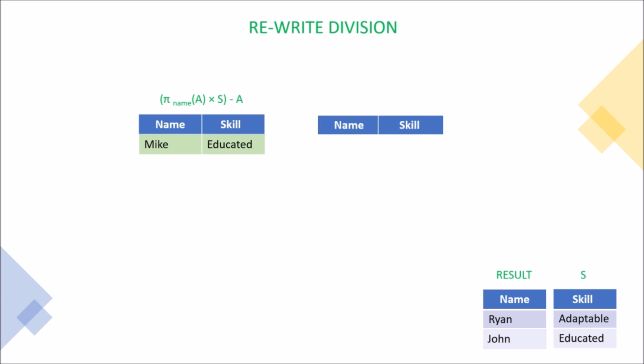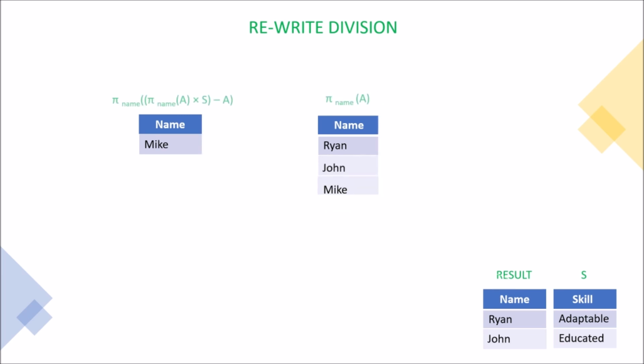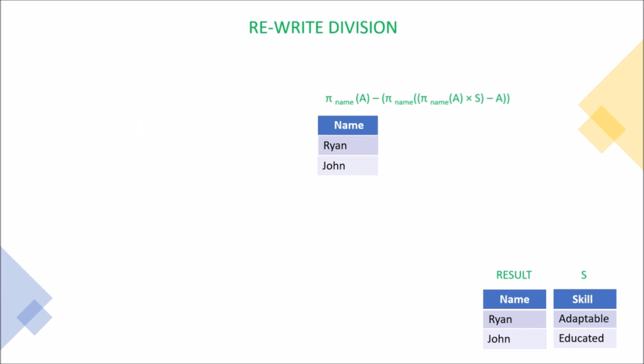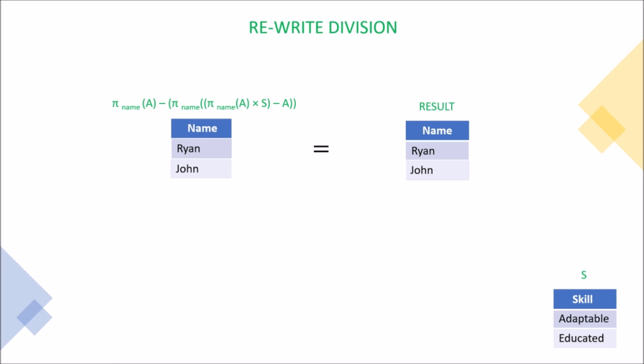From here, it is simply a matter of taking the distinct names from A and subtracting the distinct names from our result. So let's perform the subtraction, and you will see Mike is removed. Now we are left with the exact same result as if we used the original division operator.